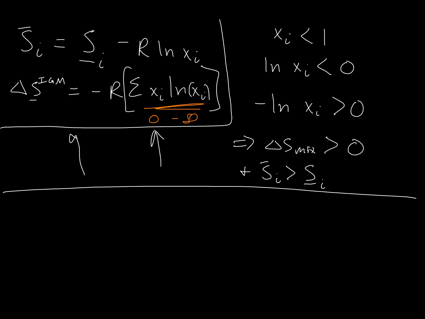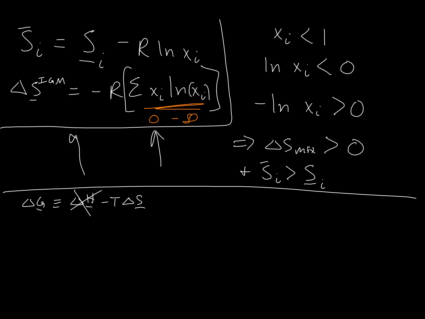So anyway, if we were to write out for Gibbs, delta G is defined as delta H minus T delta S. The enthalpy term here we don't have to worry about too much for an ideal gas system, because we know that the delta H of mixing for an ideal gas is 0.